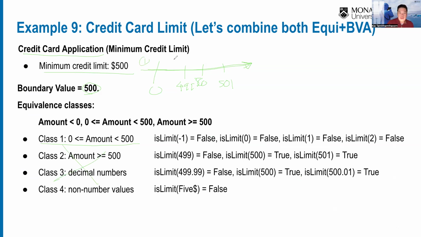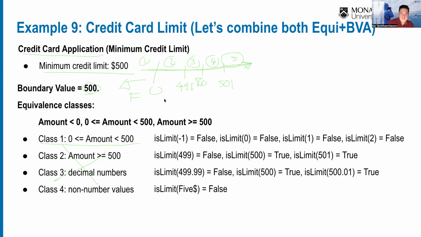So basically you have a few classes here, I would say five. What you really want to test: anything below zero should return false. Anything between 0 and 499 should return false as well, since it is below the minimum credit limit.